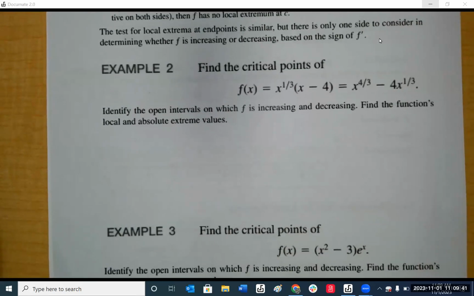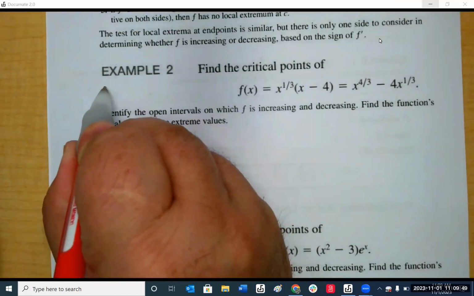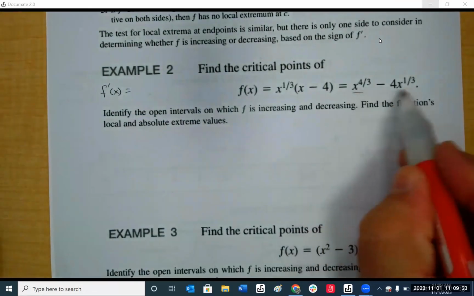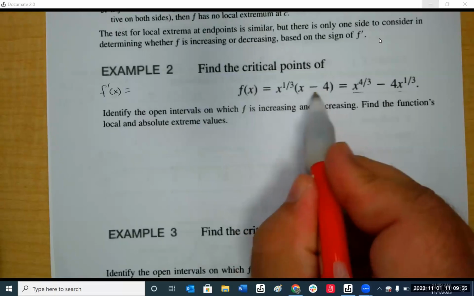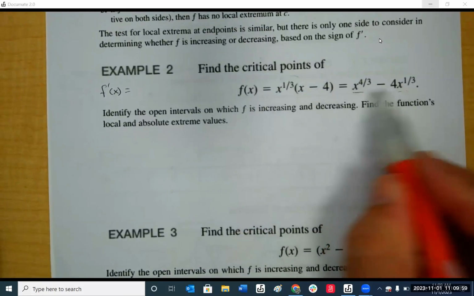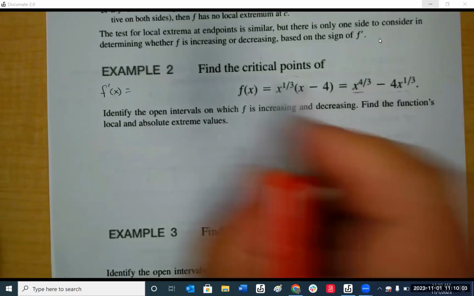Oh well. So what do we do first? We have to find the first derivative. We could either do it by a product rule, or we could distribute that and just do it in pieces. I think it's easier doing it this way.